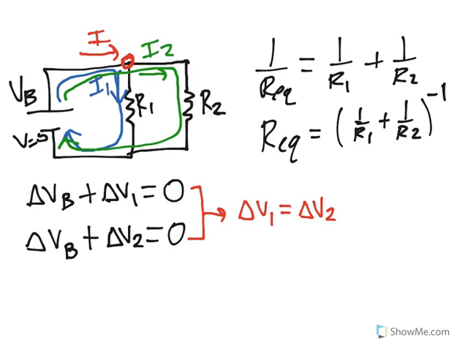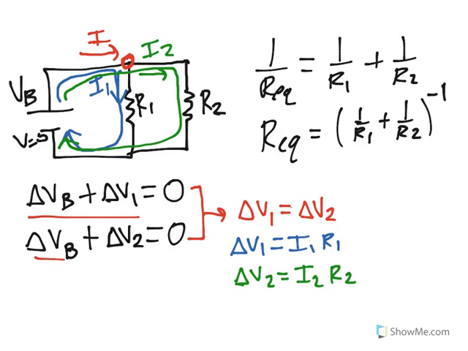And so that's extremely useful, because now I know that delta V1 is just I1 times R1. Delta V2 is just I2 times R2. And if both of these potentials are equal to each other, what do these equations say they're equal to?